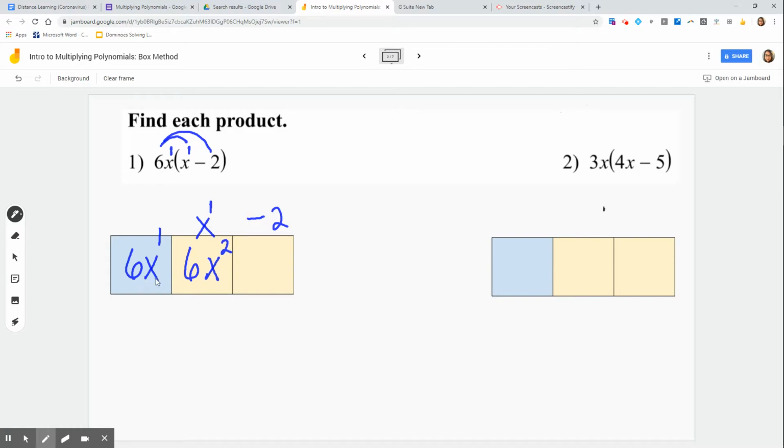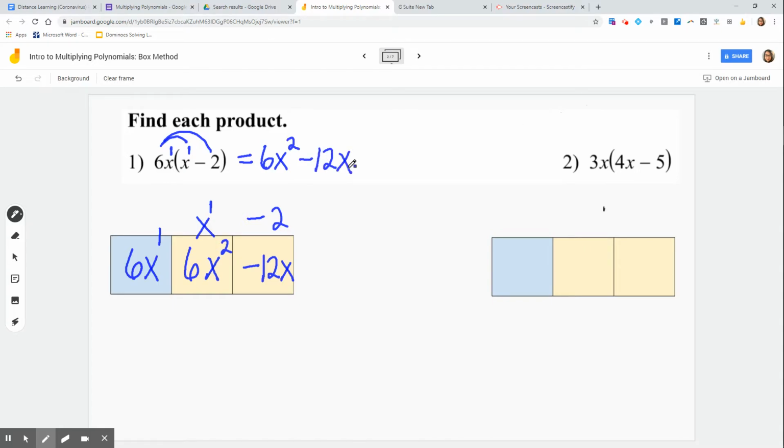And then multiply 6x times -2, so you get -12x. And you do not have like terms, so you can just finish the problem. So 6x times x minus 2 is the answer, 6x squared minus 12x.